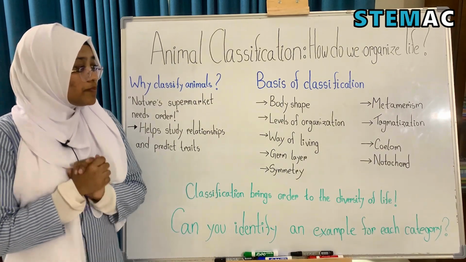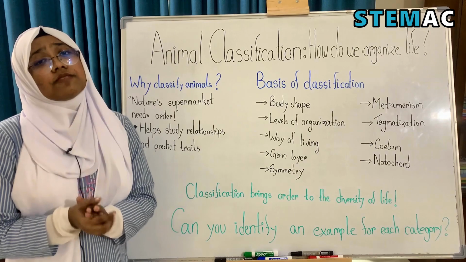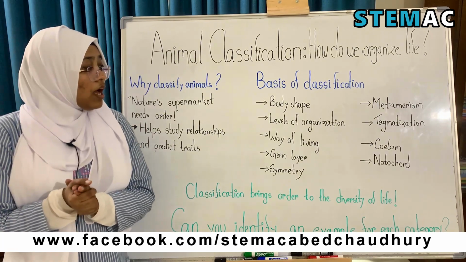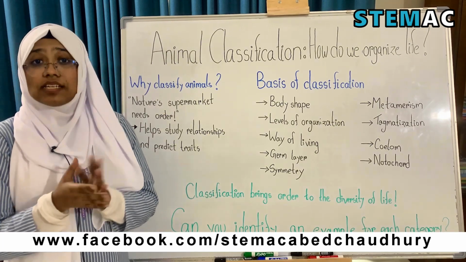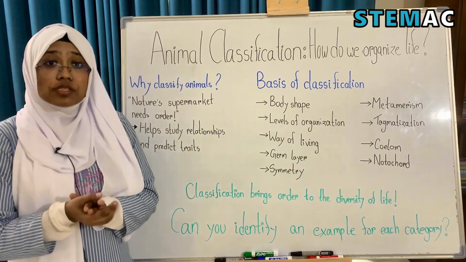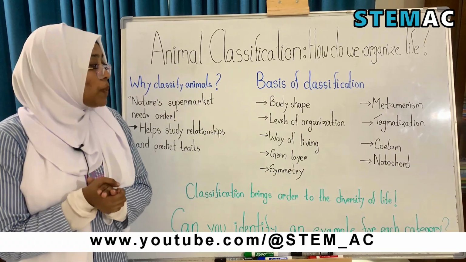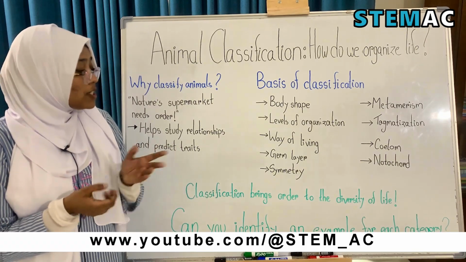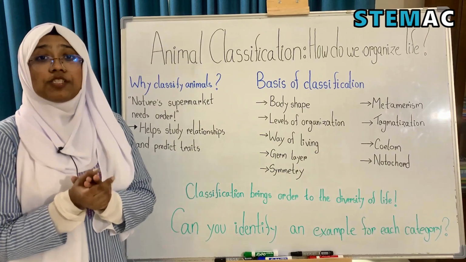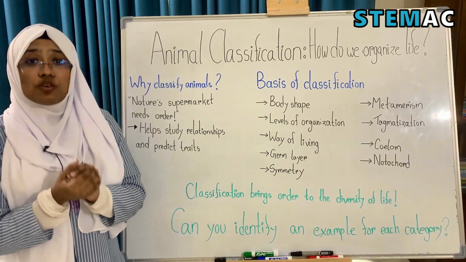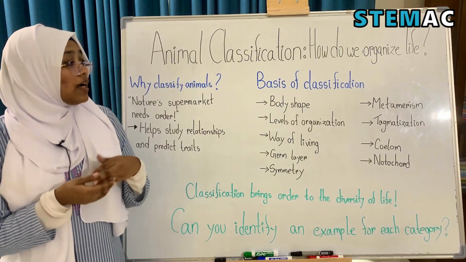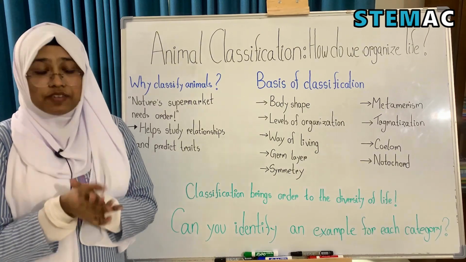Now, coelom. Coelom means cavity for organs. An animal can be acoelomate, pseudocoelomate, or coelomate. Now again, when we talked about symmetry, we said asymmetry refers to something that does not have symmetry. Same as this, acoelomate means it does not have a cavity.